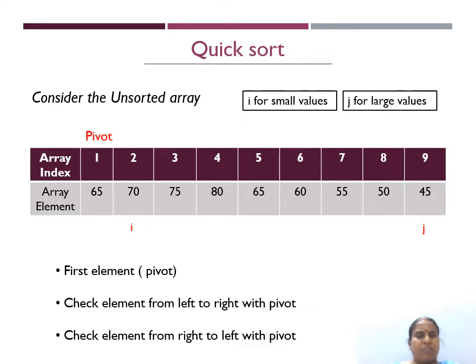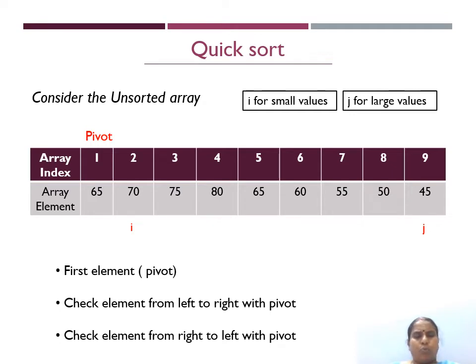From this set of elements in an array, we choose the first element as the pivot. Now 65 is the pivot, located in the first position. There are two pointers, I and J. I starts from the second position and J starts from the last item of the array.